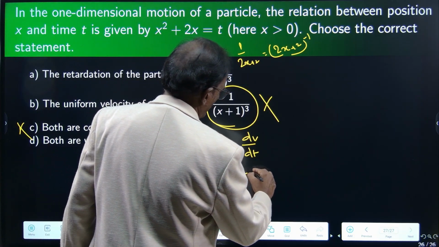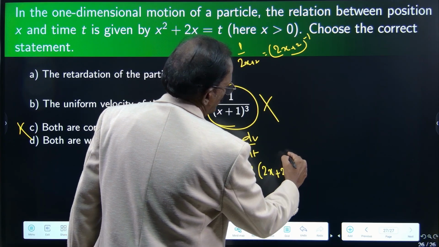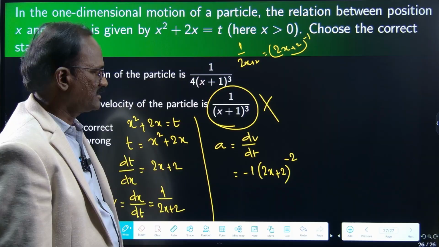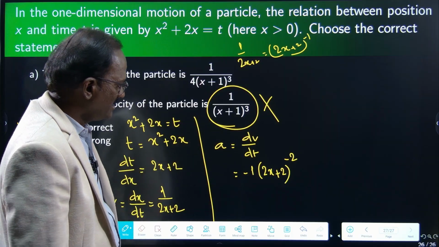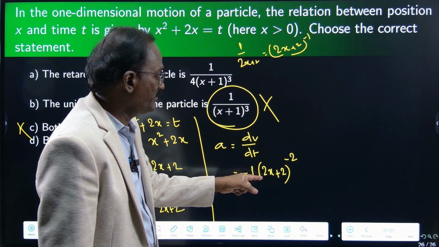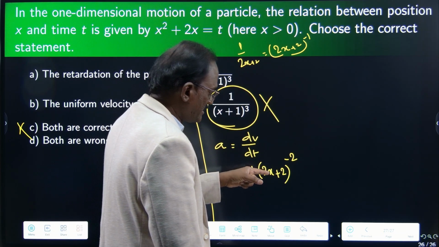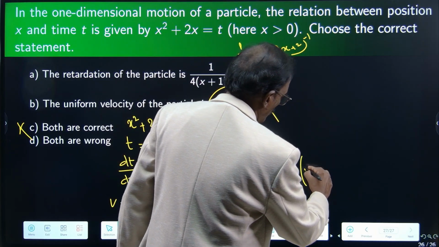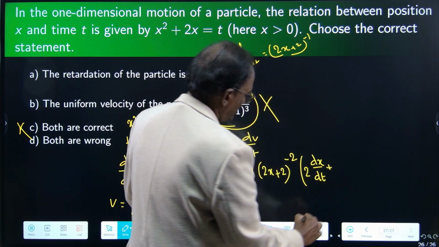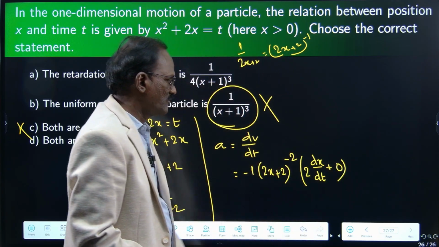Minus 1 times (2x + 2) to the power minus 2. Then it is 2, a constant and a variable, both are coming. Please remember, we have to differentiate this term also, giving 2 times dx by dt. Then this constant will be 0, as differentiation of 2 will be 0.